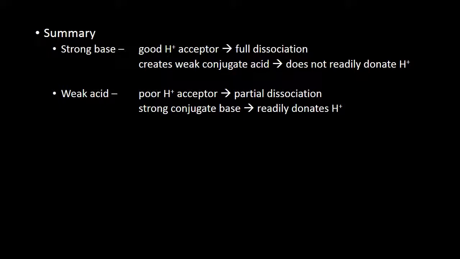A weak base is a poor proton acceptor, which causes partial dissociation, which creates a strong conjugate acid, which will readily donate a proton back to go back into that weak base. So same thing, that explains why we can use a forward-only arrow for a strong base, because it goes to full dissociation, whereas a weak base, because it has such a strong conjugate, it pushes it back towards the left with reactants.